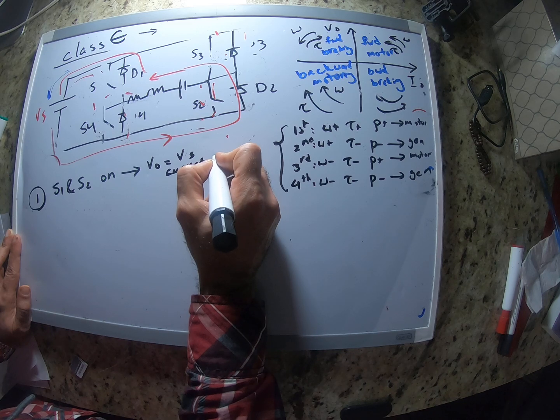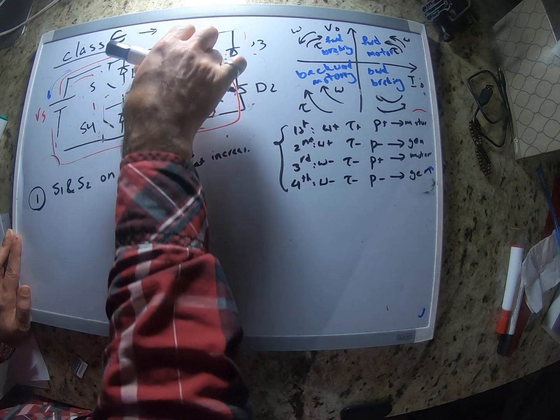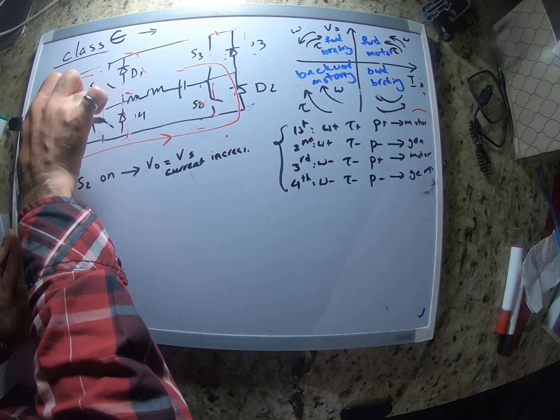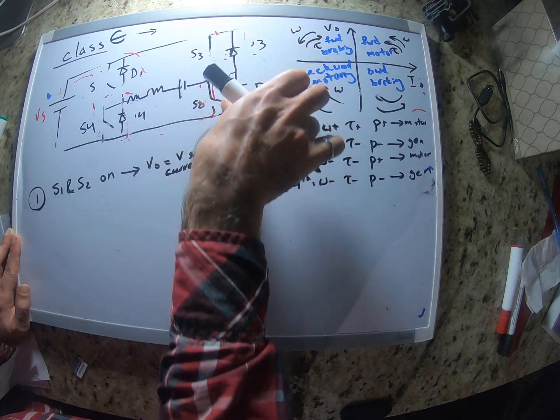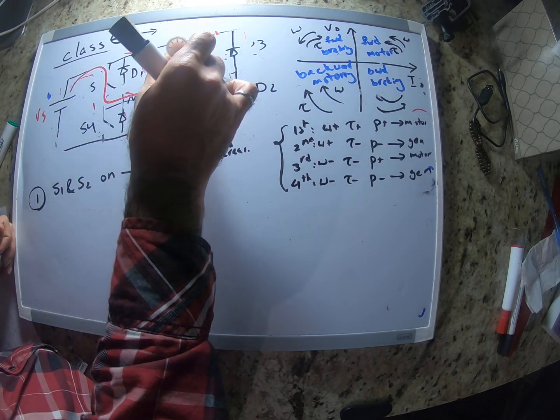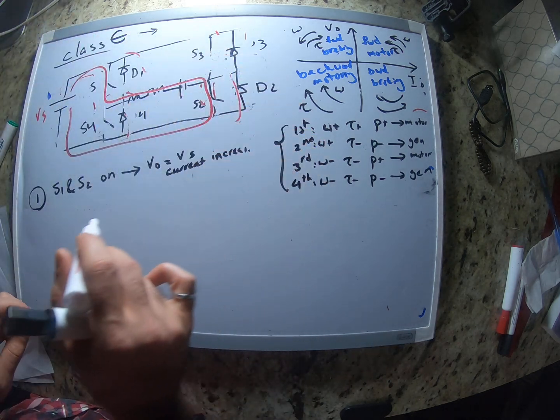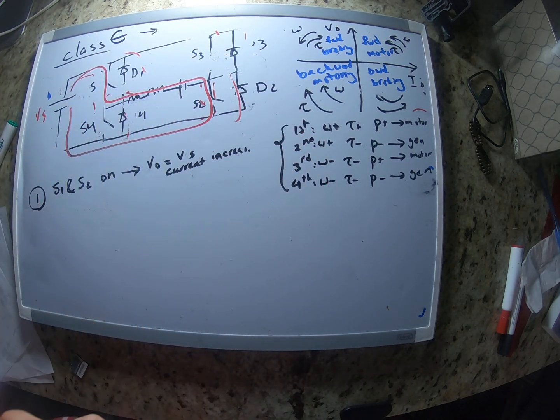Current increases in the positive direction. So this is what we have when switch 1 and 2 are closed, and the current is going to increase.